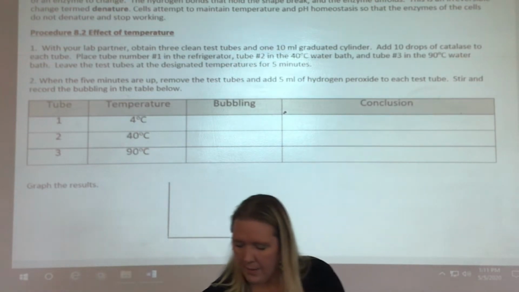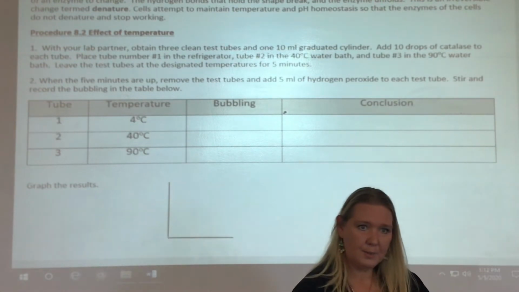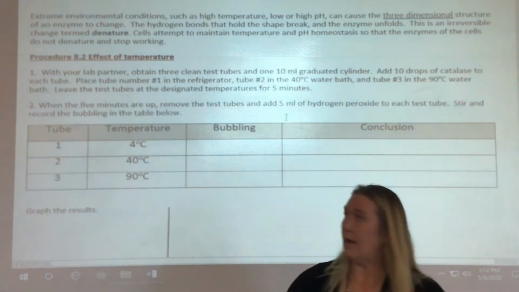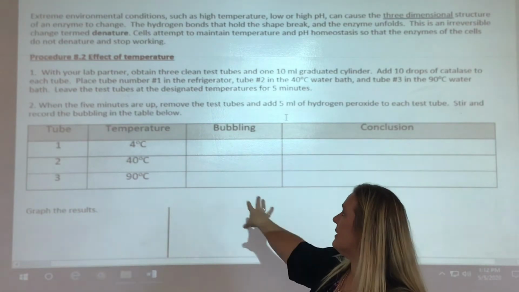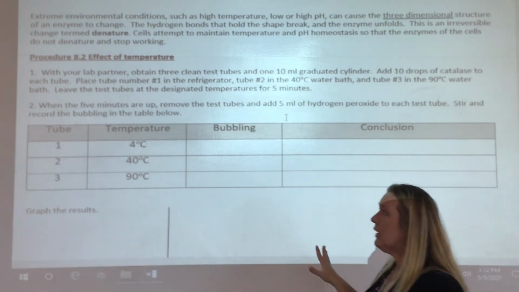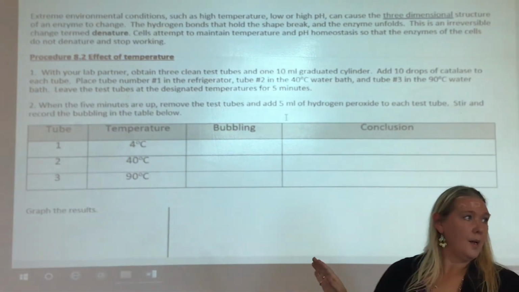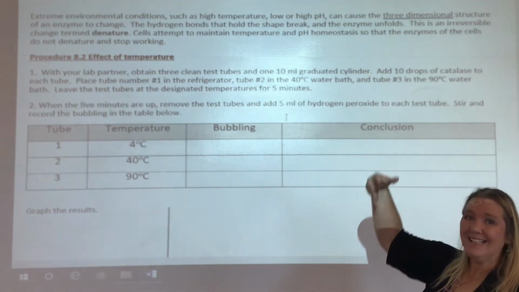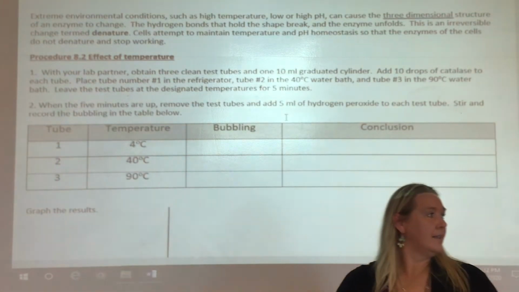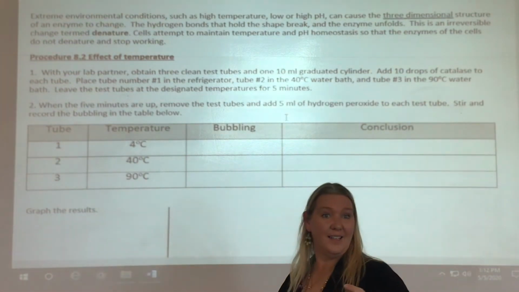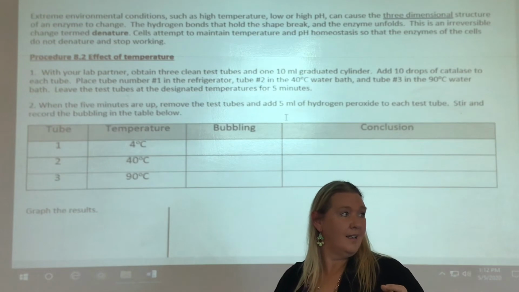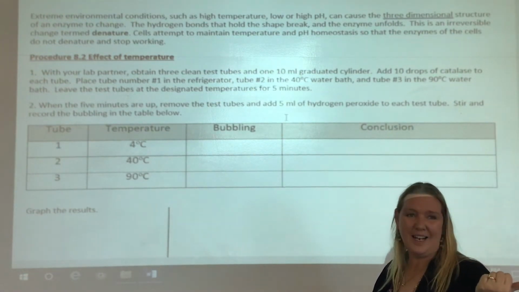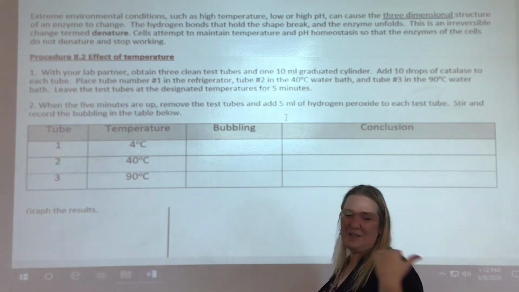Okay, we have 3 test tubes in this next one. Okay, and we're going to be looking at temperature. But before we do that, I'm going to talk about enzymes, because they're specific. I'm going to wait. Professor Russ is getting the cold one out of the refrigerator for me, so I don't have to go off screen.